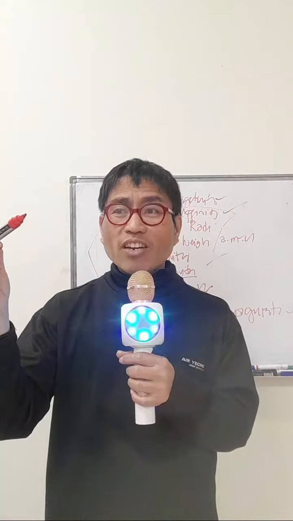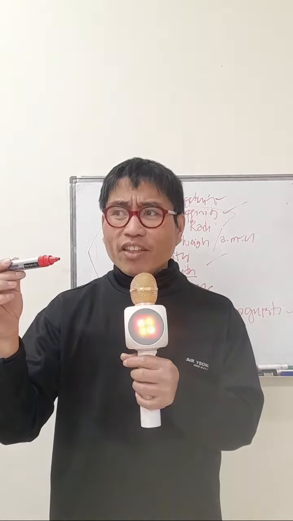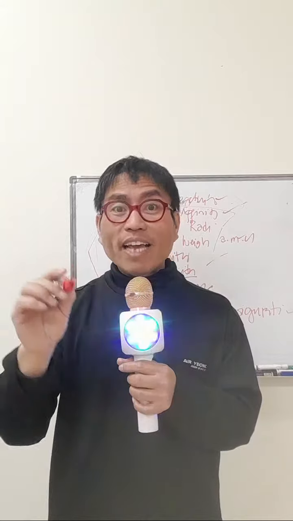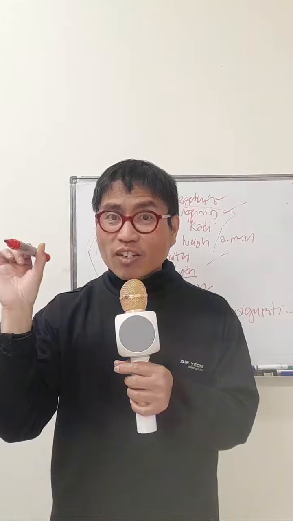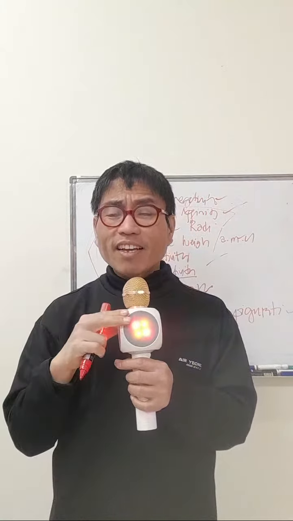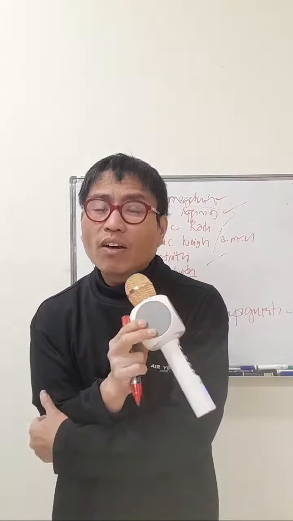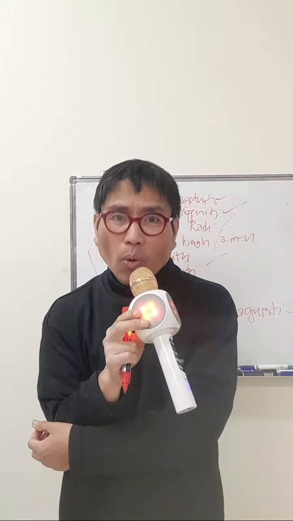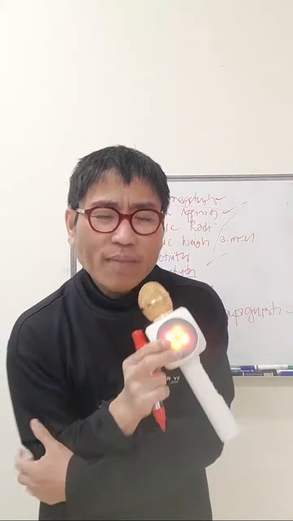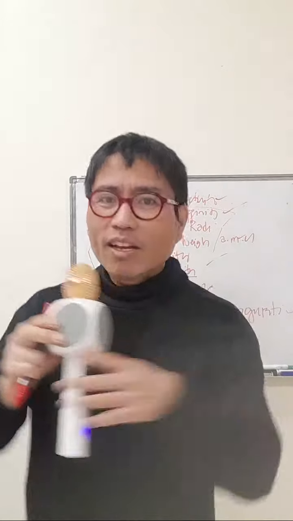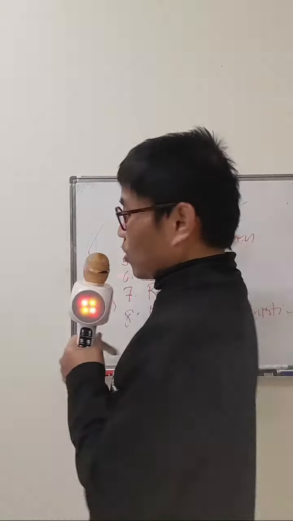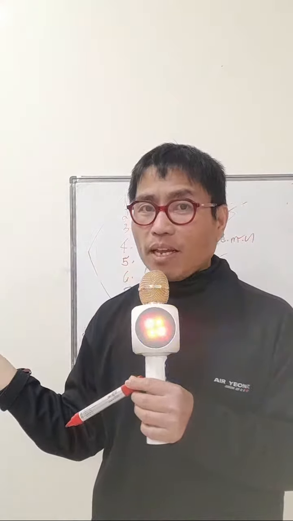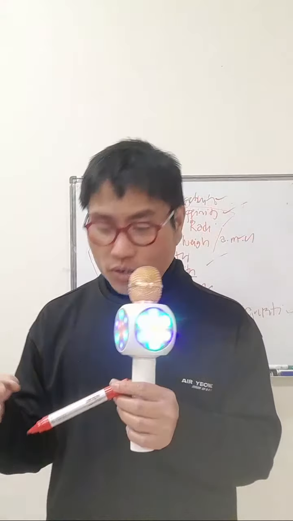The maximum number of electrons that can occupy the s is 2, the p orbitals maximum 6 electrons, and the d maximum of 10 electrons, following the Aufbau principle or the Pauli exclusion principle. You have to understand that because 100% it will come out in different examinations, especially science, specifically chemistry.